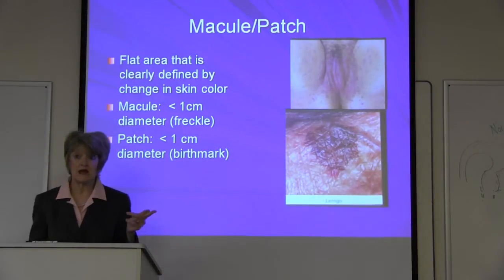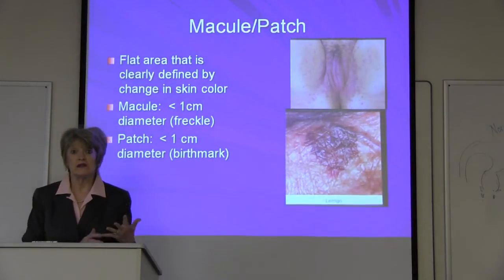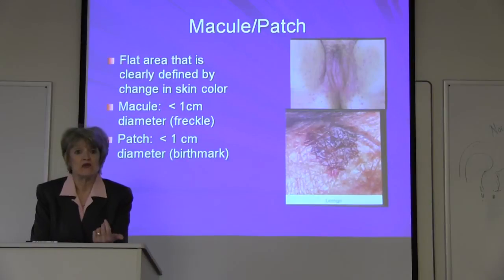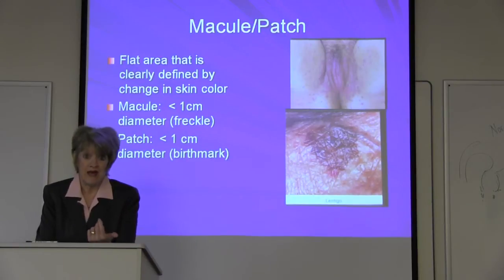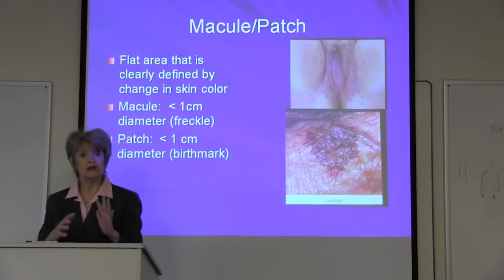Now if you look at the slide on top, one of the clinical situations in which we frequently use the term macule and patch is in describing a yeast rash, candidiasis. Very commonly what you have is a central area where the patch is solid. It may be flat or it may be elevated. And then you have distinct satellite lesions, and usually there's a mix.